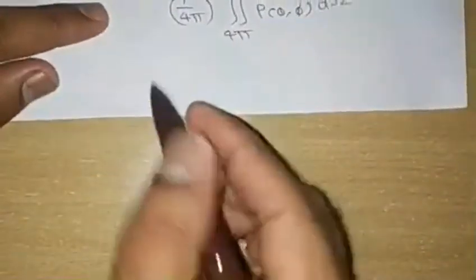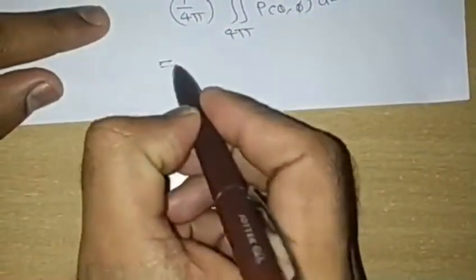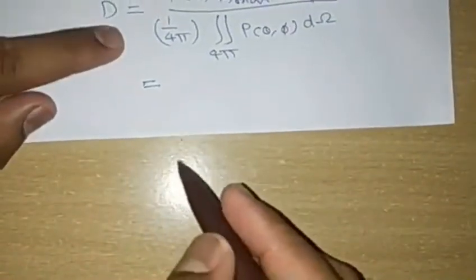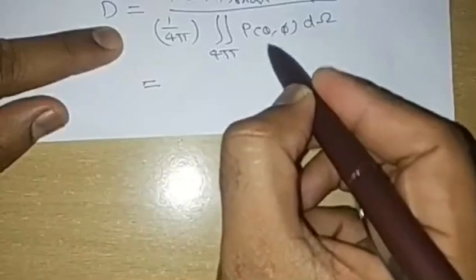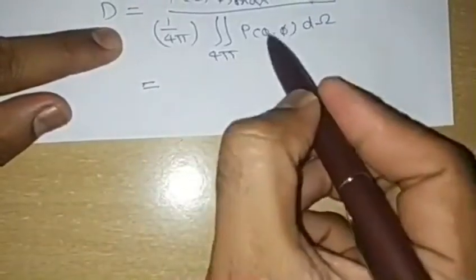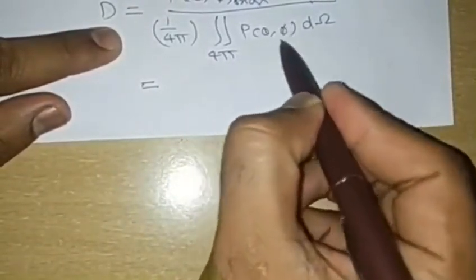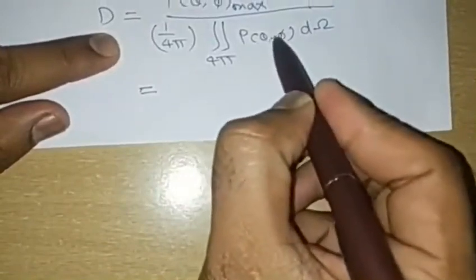We know that we represent a normalized power by defining the power radiated by an antenna by its maximum value. So let's first define this power radiated by an antenna in terms of normalized value.